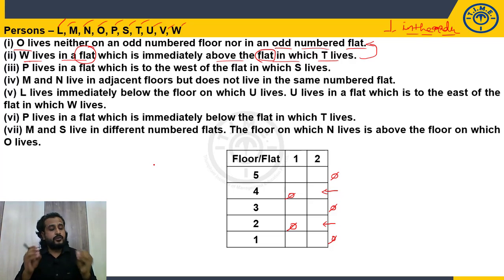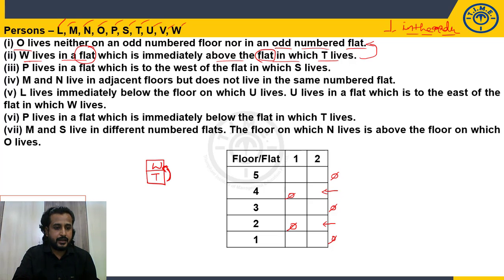Whether it is floor 1, floor 2, floor 3, floor 4, floor 5, we don't know. Just we know that W lives immediately above the flat in which T lives. So in adjacent flats, W will be immediately above T. So where it comes, that we don't know. Fine. So W will be immediately above T.